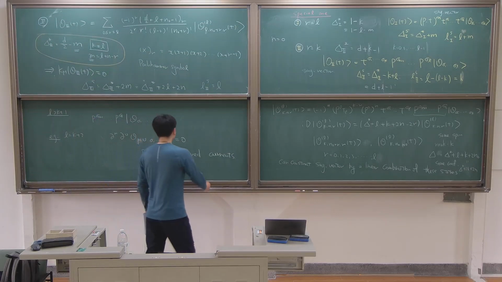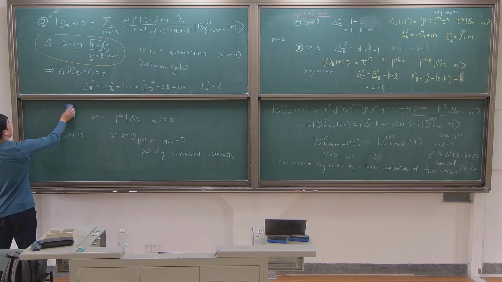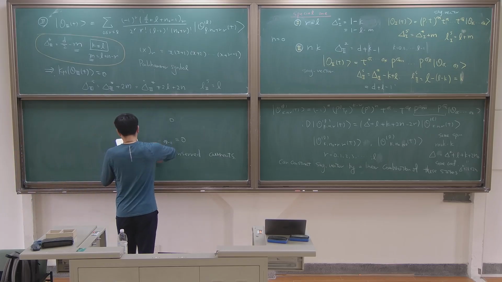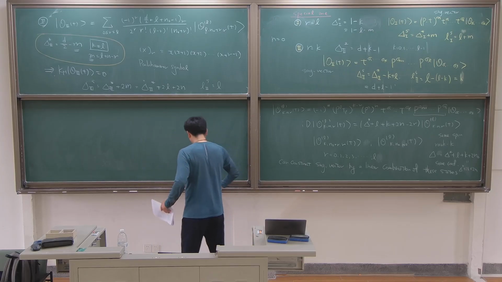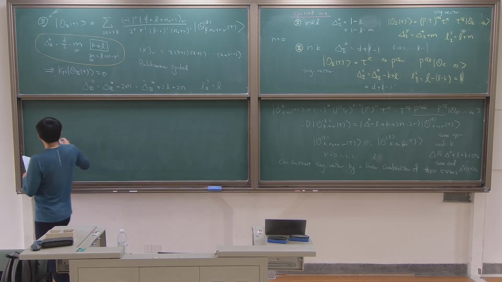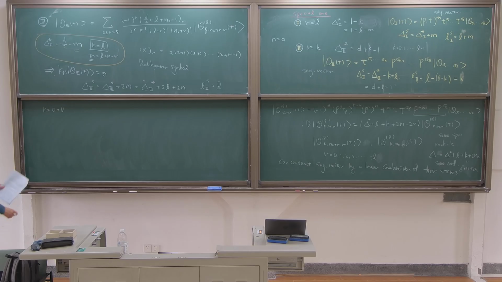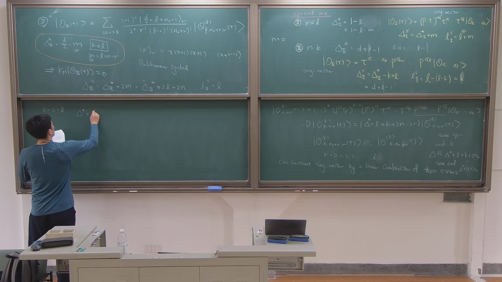Okay. So let's try to understand what this singular vector means. Let's take the simplest example, k equal to 0 and L equal to 0. In that case, delta star is equal to d minus 2 minus m.